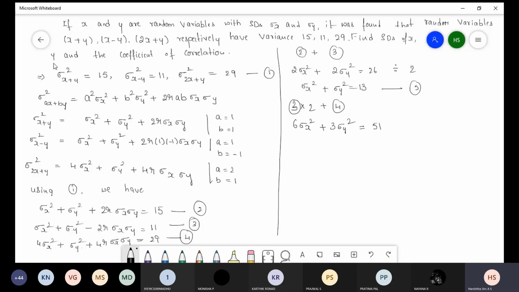Again, divide this equation by 3. We get 2 into sigma x square plus sigma y square is equal to 17. I call this one as equation 6.